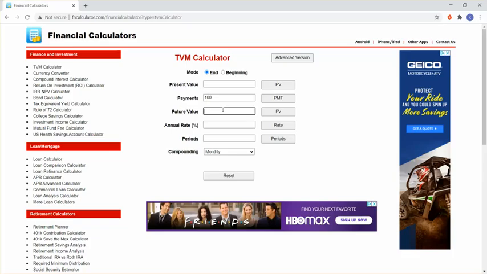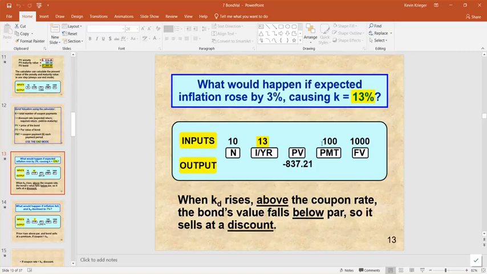One mistake a lot of people make at first with bonds is they see a coupon rate and they want to put it in the percentage line. That's wrong. Coupon rates are used to get a dollar payment amount. 13 here for 10 years. What's my present value? There's the 837.21 in our slides. This is less than the face value.